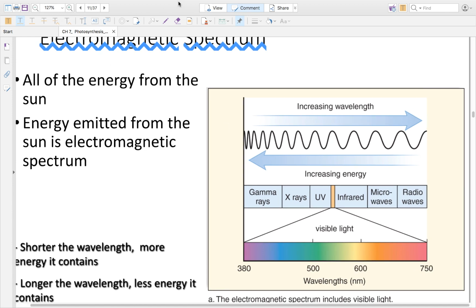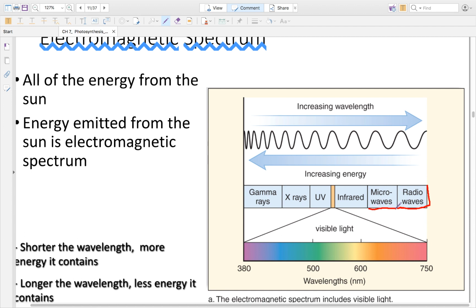Okay, start over here with radio waves. Radio waves are quite large. Of course, all of these are not visible except for visible light. Radio waves tend to have low energy, but they are effective. Then we have microwaves.